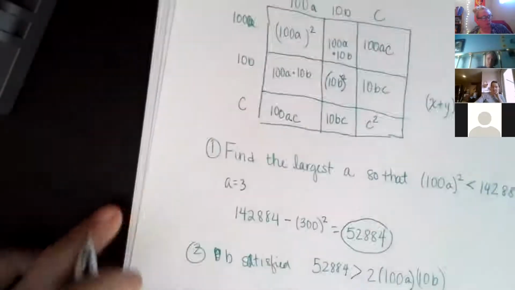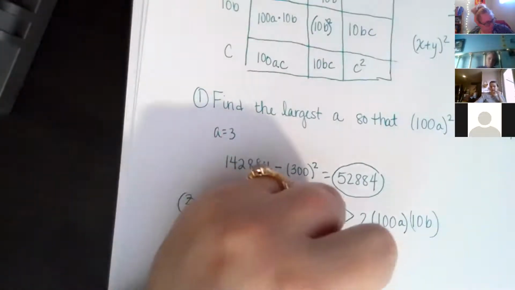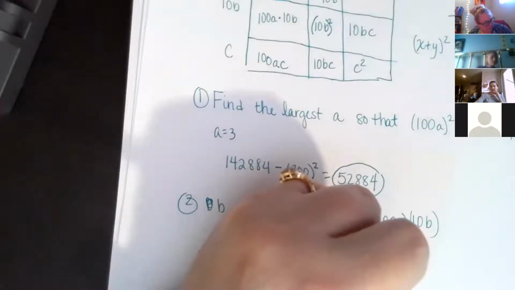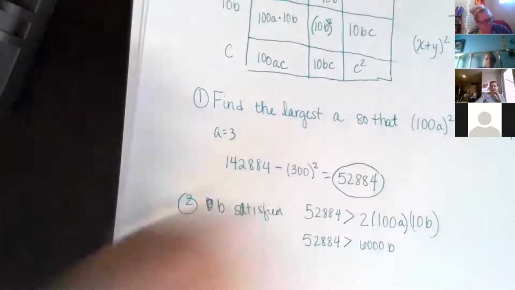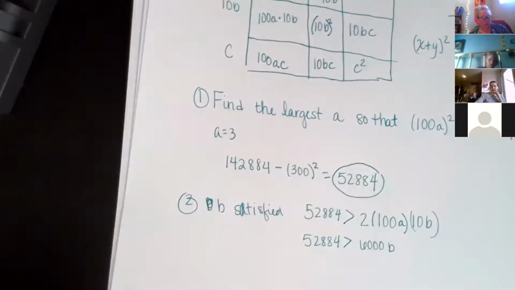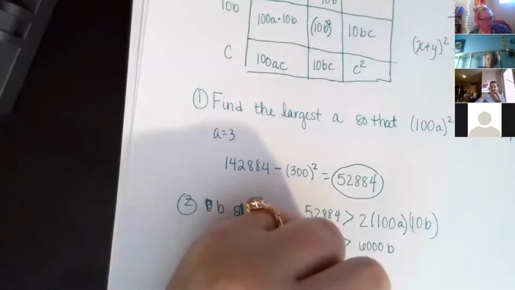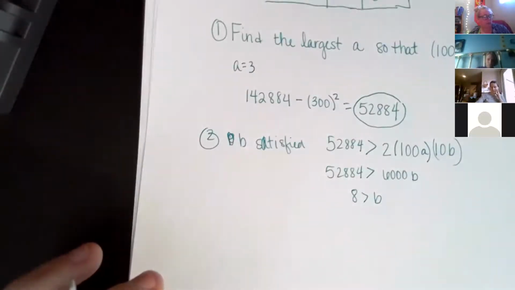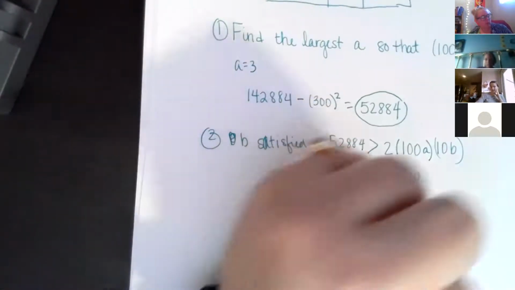So taking what we have for A, that big number has to be more than 6,000 B. So that gives us 8 for B. Is 8 greater than b, or is 8 equal to b? 8 equals B.